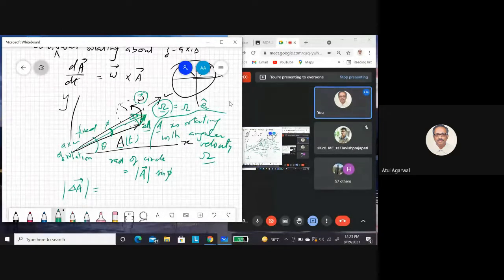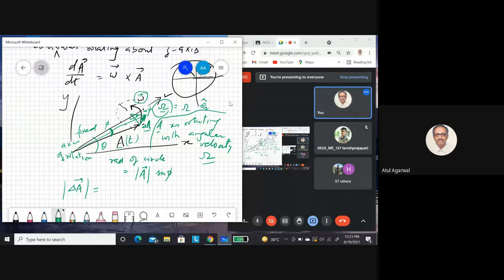So you see, during time delta t, there is some angle being made in this circle. Let's call this angle delta psi. So it is rotating. This vector is rotating about this axis, and this is making a circle about the center, delta psi. So what will be this angle? This angle is made in time delta t.